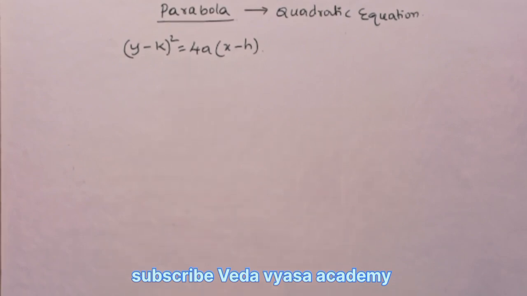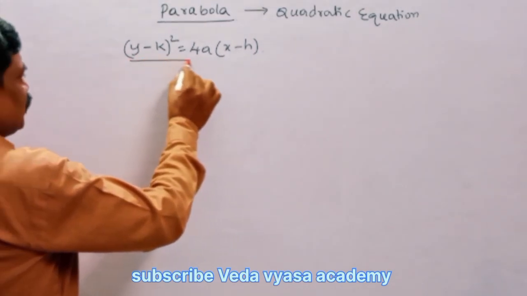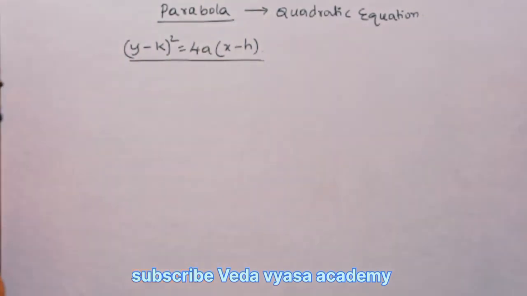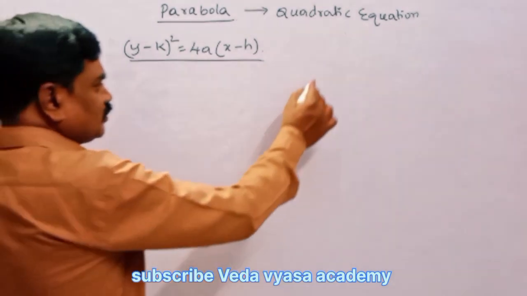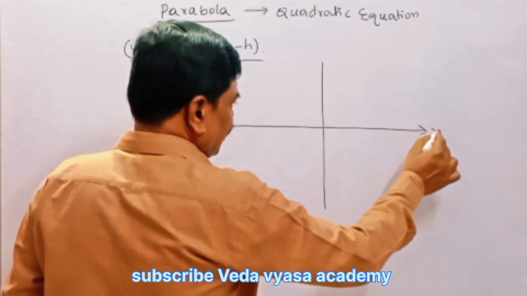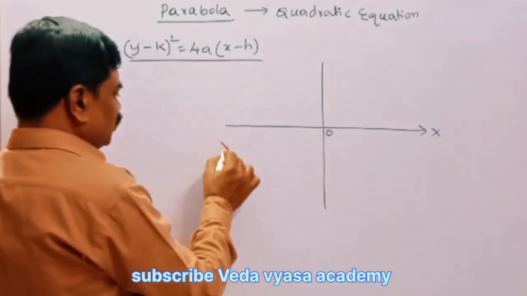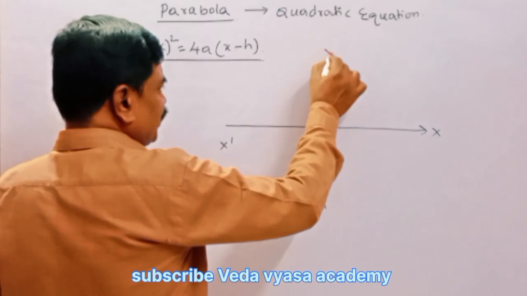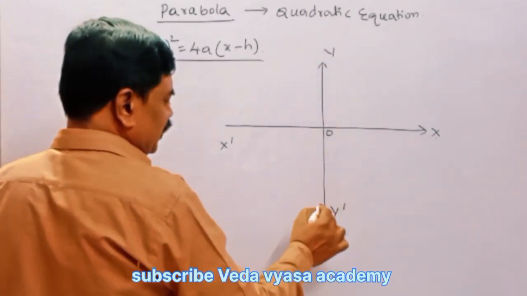Suppose parabola is like this. (y minus k) whole square is equal to 4a times (x minus h). Means what? Here, in this case, this is x axis, X', this is y axis, Y'.